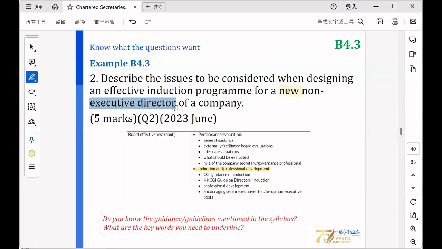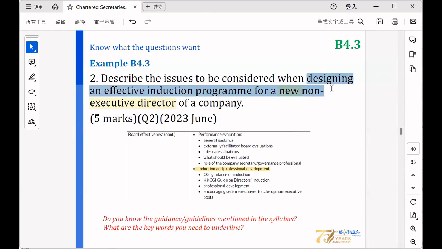The other point is whether he is a NED or a non-NED. Is there any difference between the appointment of a NED and a non-NED? When you design your induction program, would there be any difference between the induction program for a NED and a non-NED?